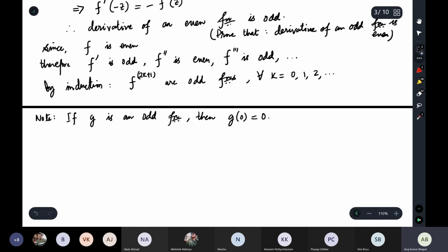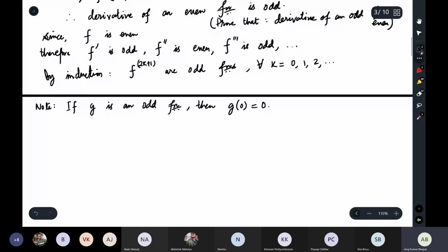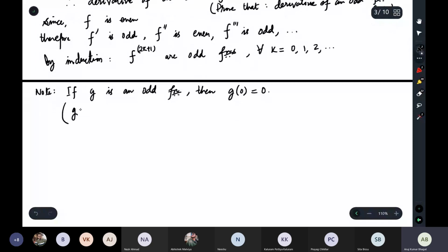So g of minus z is the same as minus g of z. Put z equals to 0. That implies g of 0 is the same as minus g of 0. That implies 2 times g of 0 is 0, and g of 0 is 0 because you are in an integral domain.